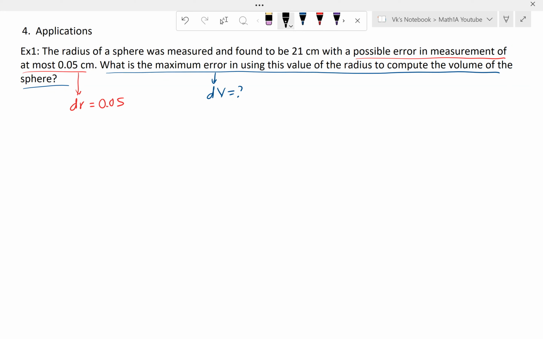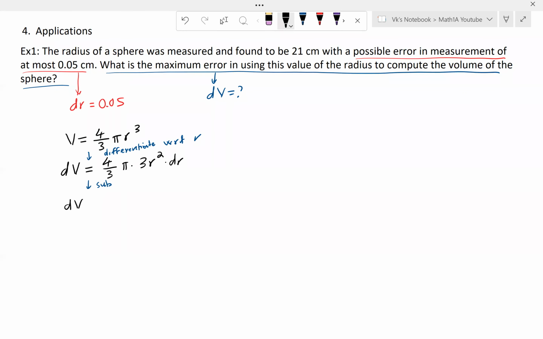Well, that is the sphere. The volume of the sphere is 4/3 pi r cubed. So differentiate both sides with respect to the radius. We have dV equal to 4/3 pi times 3r squared dr. Now we can do the substitution.